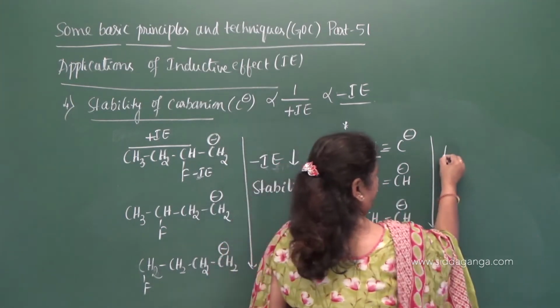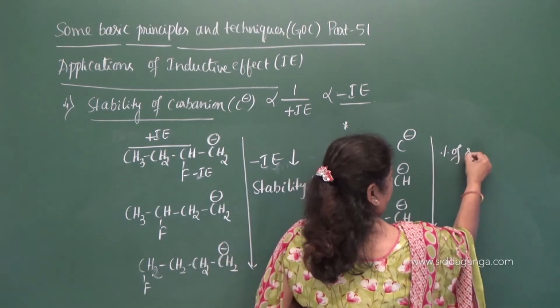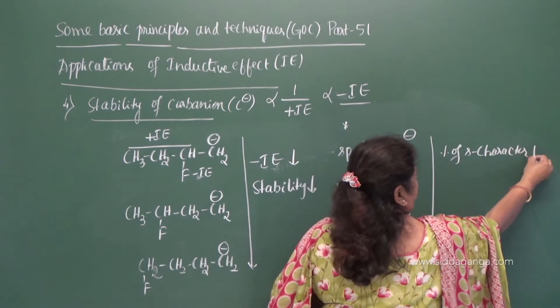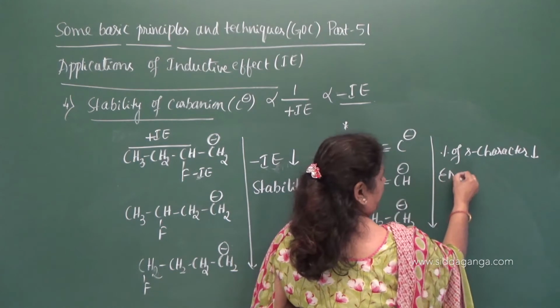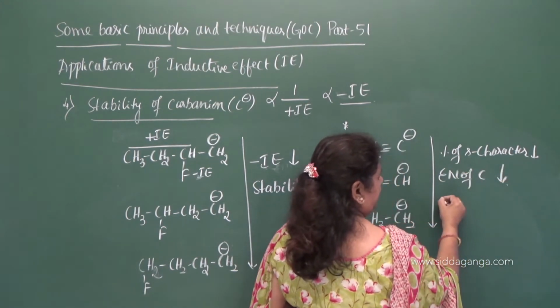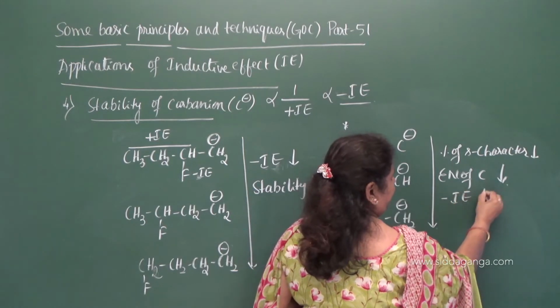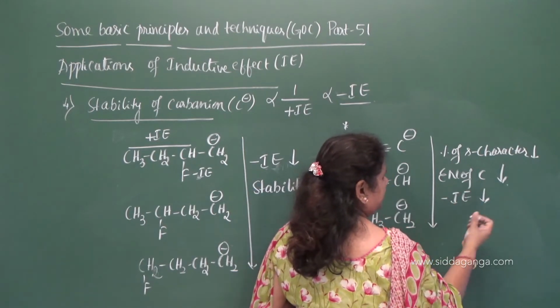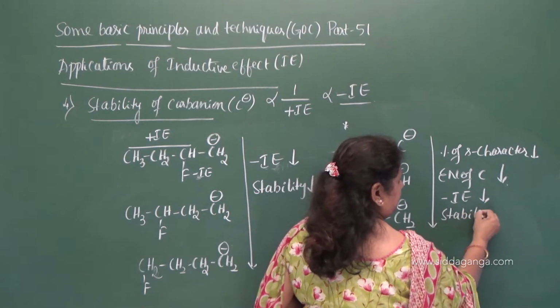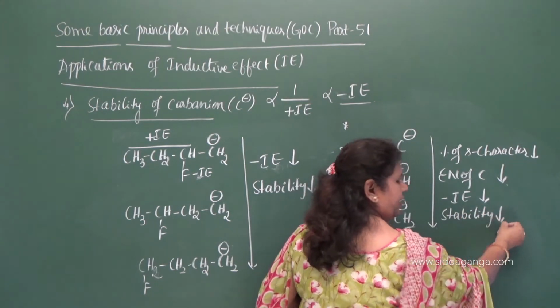From here to here, the percentage of s character, what happens? Decreases. Electronegativity of carbon decreases. So negative inductive effect decreases. Therefore, the stability decreases.